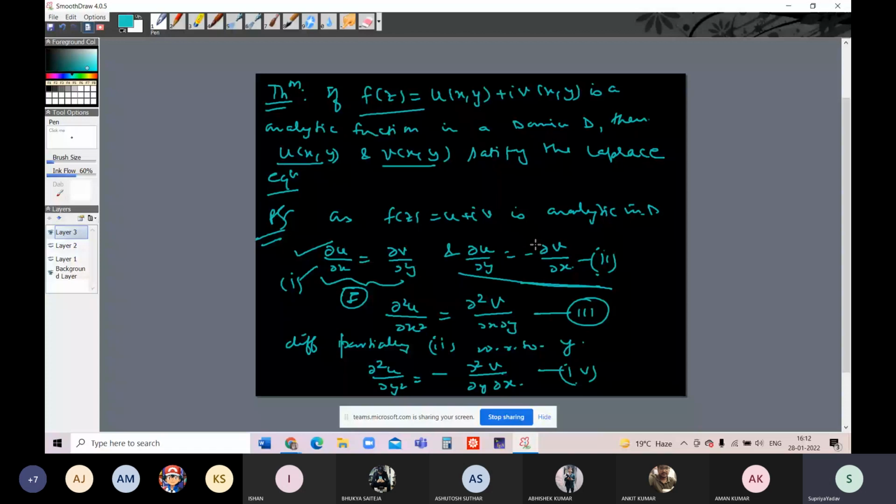Because u and v are the real and imaginary parts of this analytic function, and the second order derivatives of our function are continuous, by this definition, when we add equations 3 and 4, this will give us ∂²v/∂x∂y plus minus ∂²v/∂y∂x.